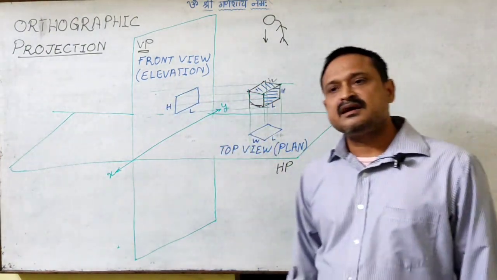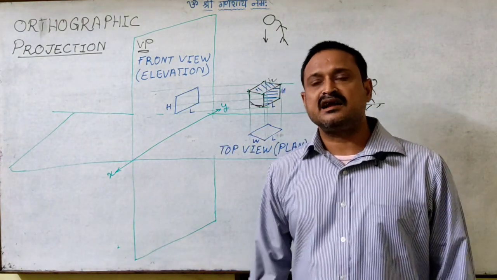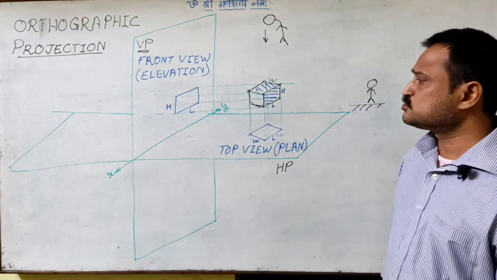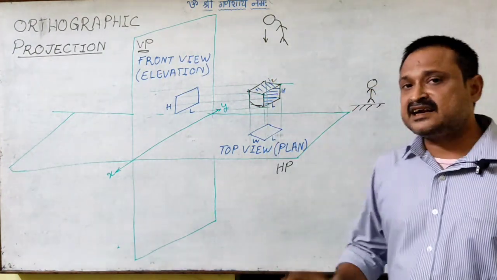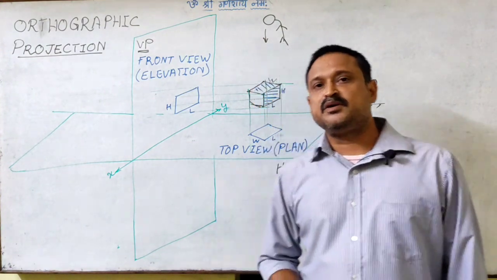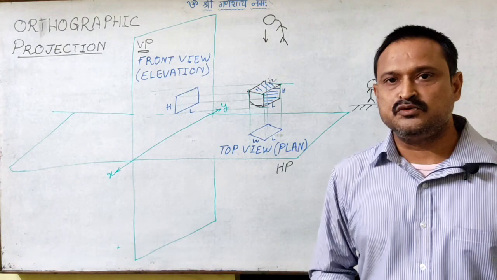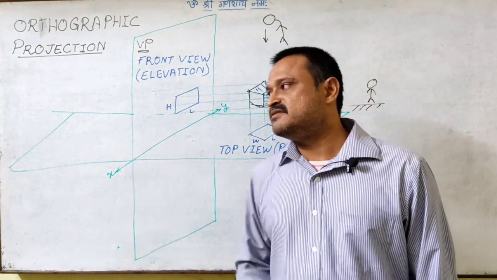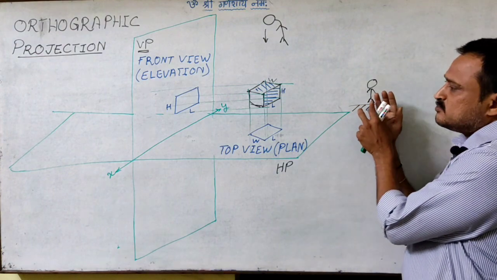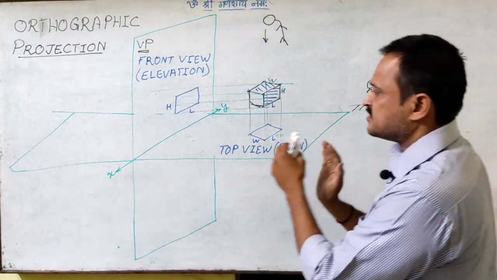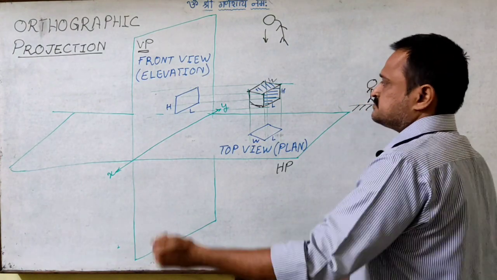Now there can be cases where even these two views are insufficient to give me all the geometric details of the object. In that case, we depend on another view which is called a profile view or the side view. That means instead of moving to the top, the observer can move to the left and look at the object.